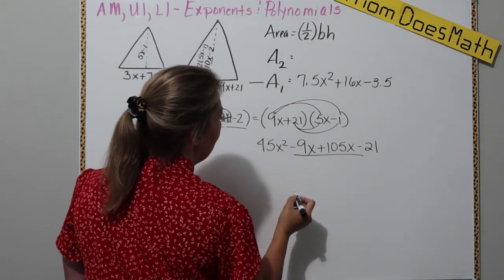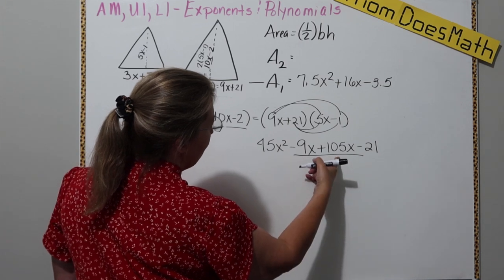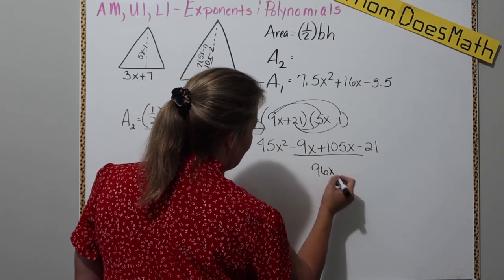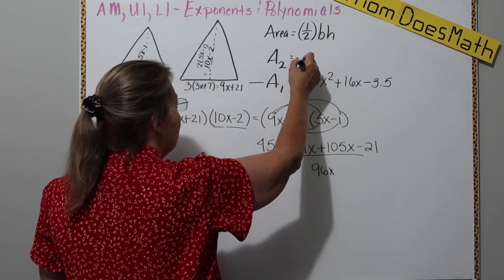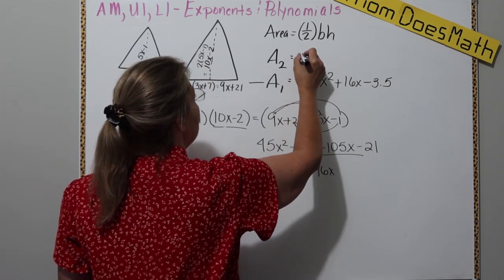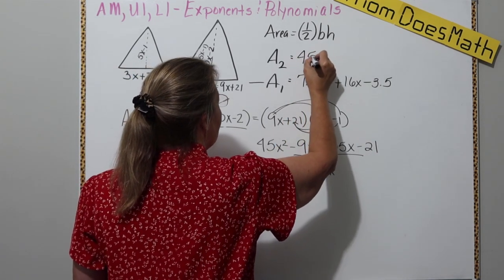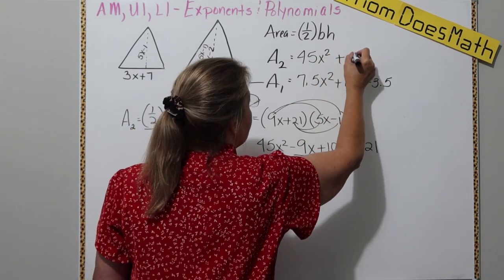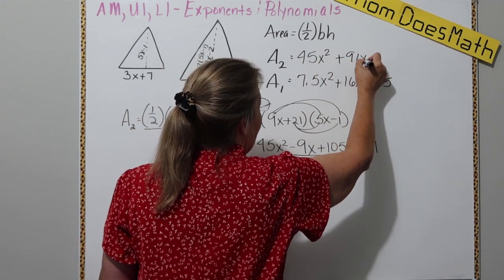Combine these middle terms: minus 9 and a plus 105 gives you a positive 96x. So the area of triangle number 2 is 45x squared plus 96x minus 21.